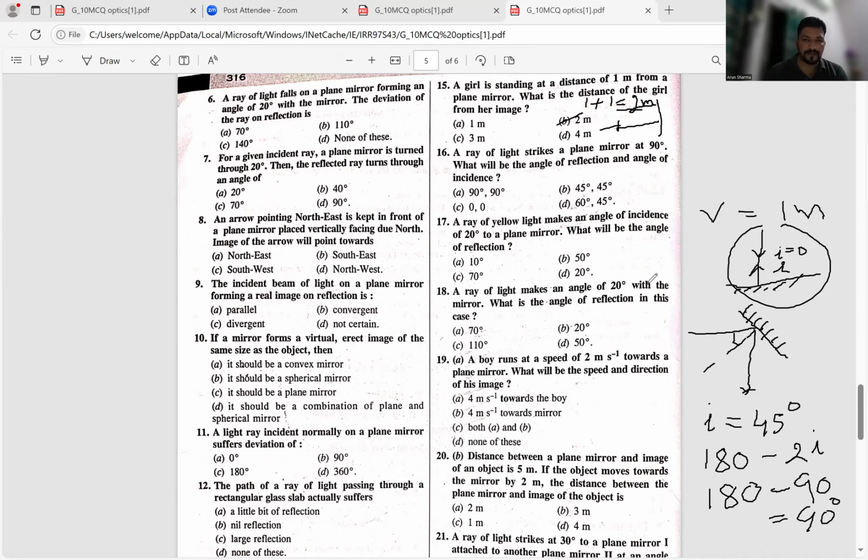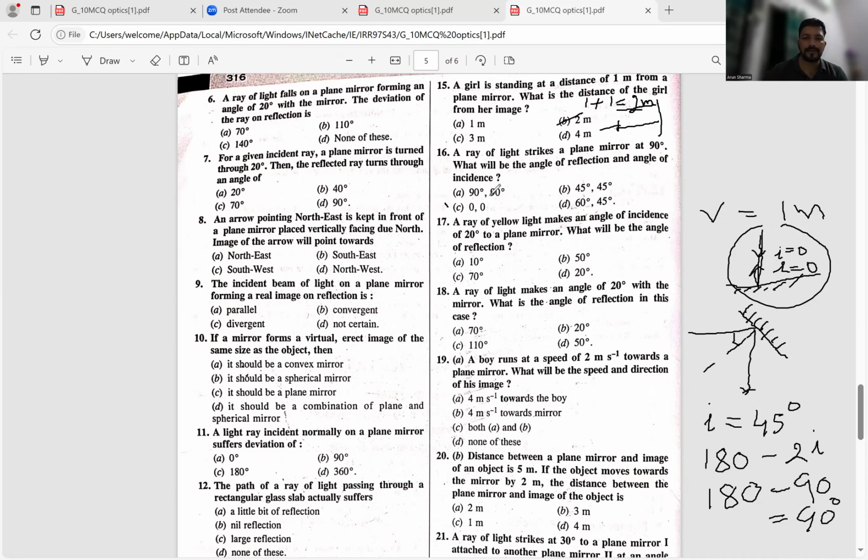I will explain from the beginning. If an incident ray strikes a mirror at an angle of 90 degrees, it retraces its path. It means i is equal to 0 and r is equal to 0. Is it possible? Yes.